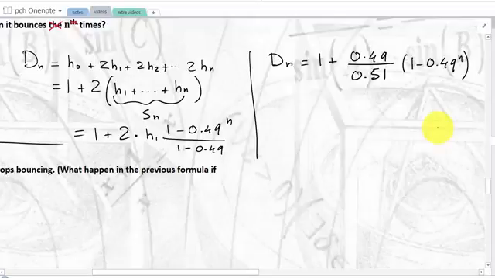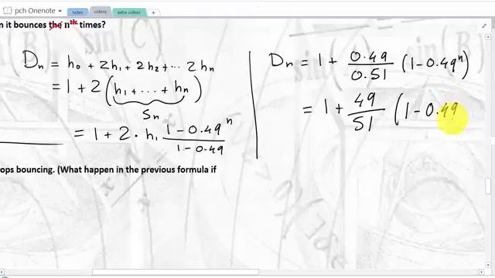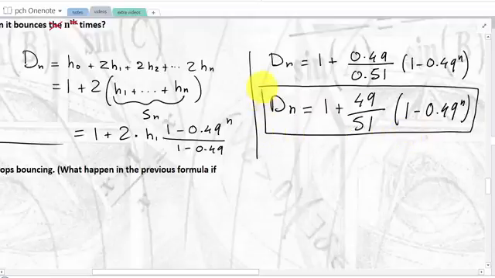That would be the formula. And so it is 1 plus 98 over 51 times 1 minus 0.49 to the n. That's the distance it has covered after the nth bounce.